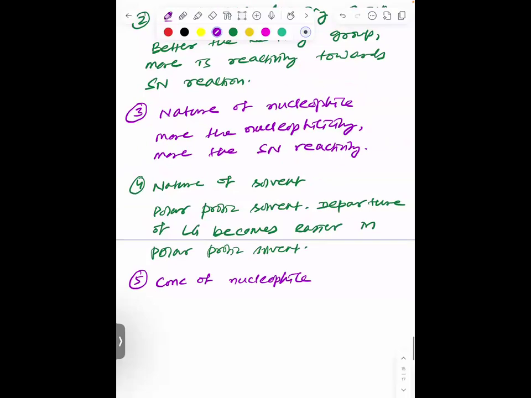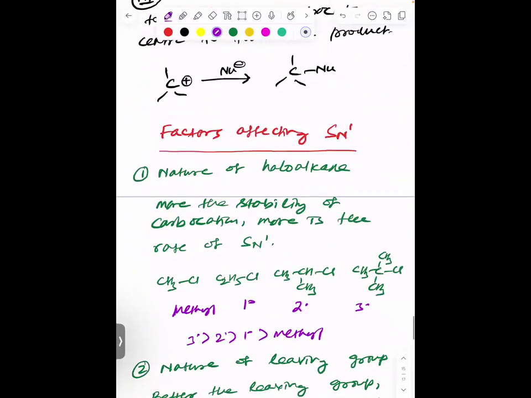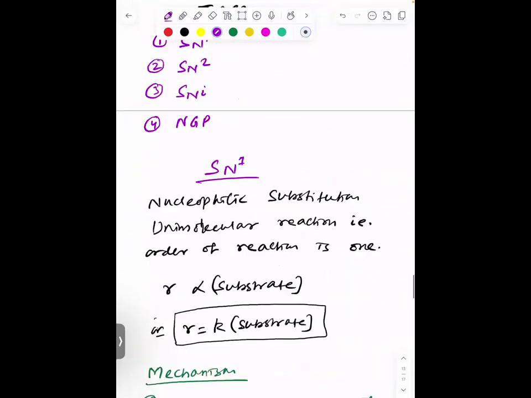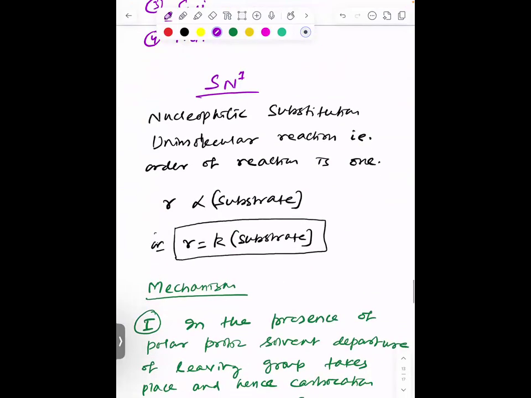We have seen at the beginning that the rate of the reaction depends only on the haloalkane or substrate, and is independent of the nucleophile. So even if the nucleophile concentration is increased, there will be no change.